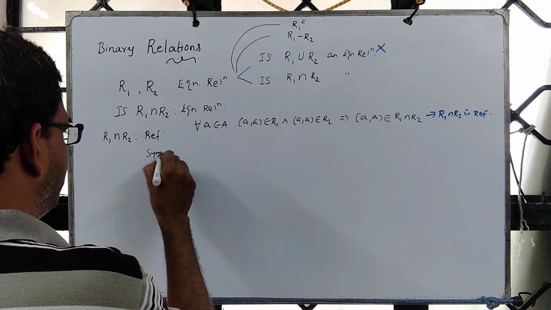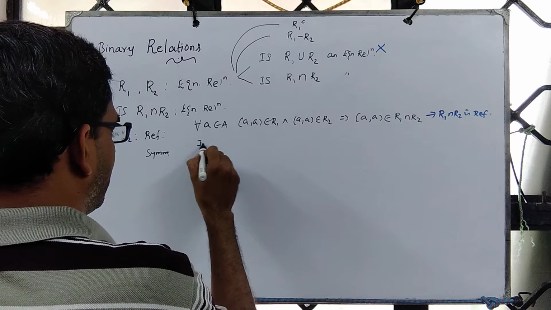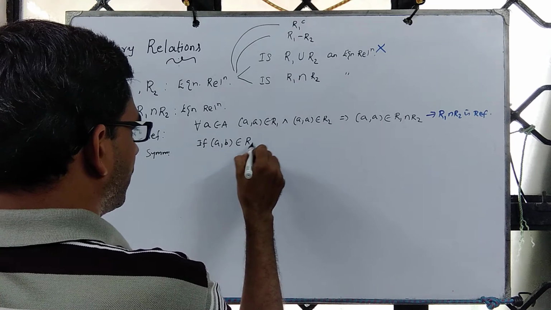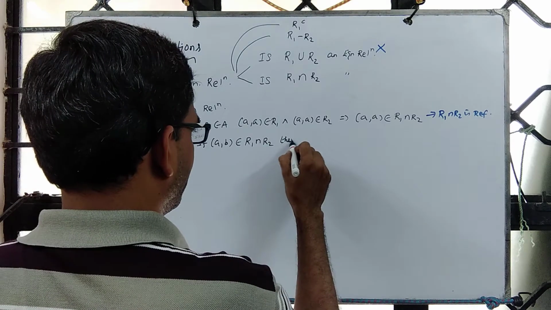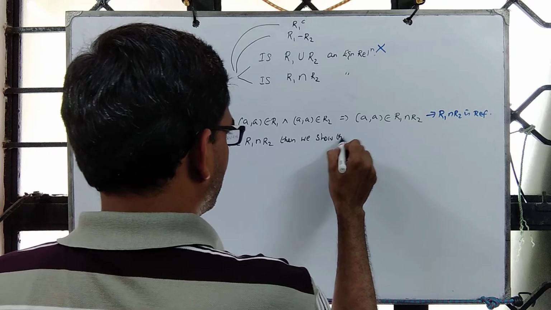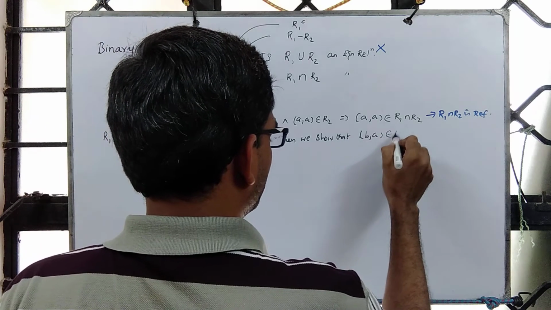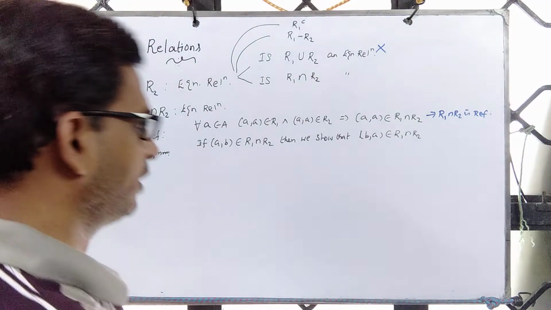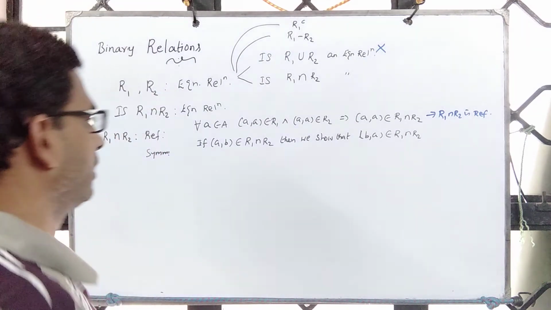Now, does it satisfy symmetry? Yes. We show that if (a, b) belongs to R1 intersection R2, then (b, a) belongs to R1 intersection R2. The argument is very similar to what we did for union.